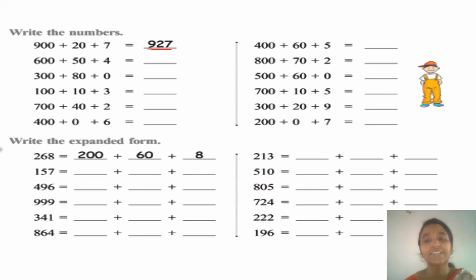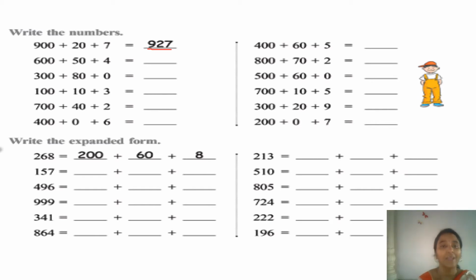Now let us see another example. 300 plus 80 plus 4. The number form for this is 384, right? Like this we have to write.